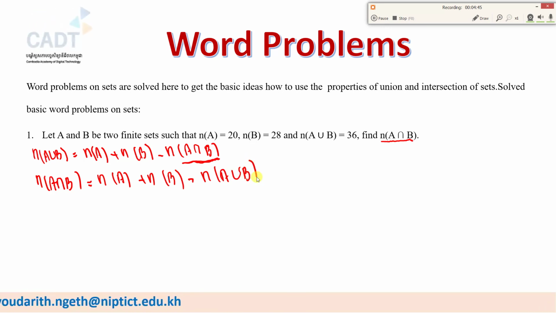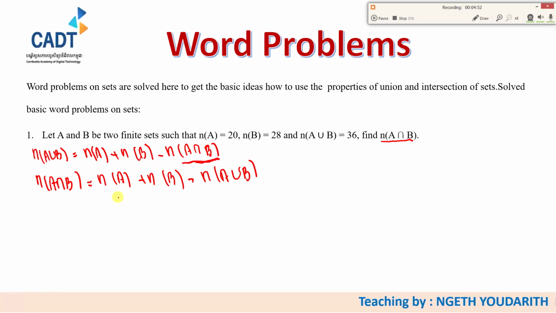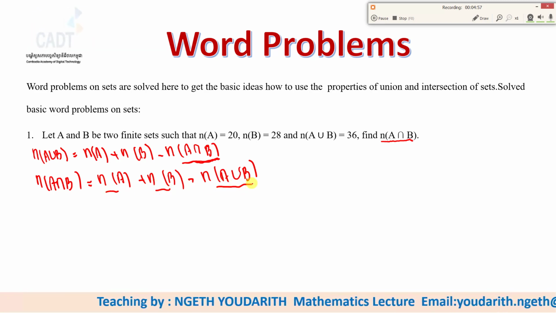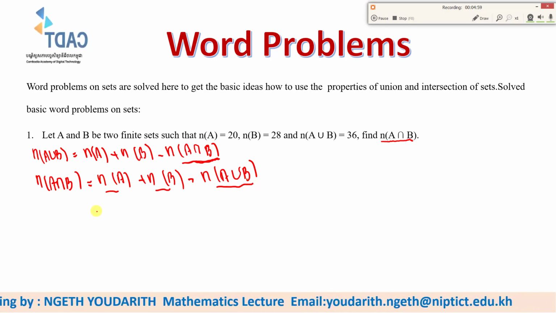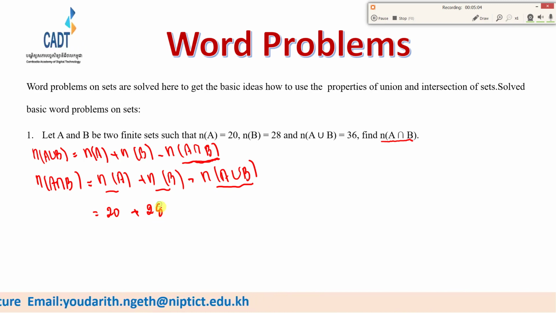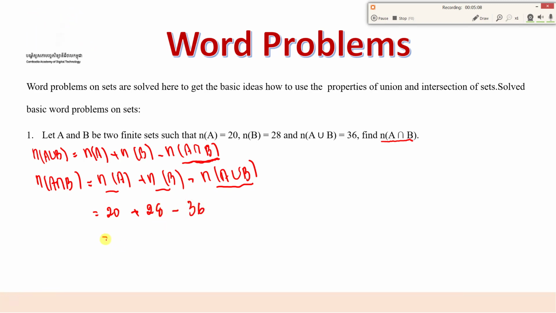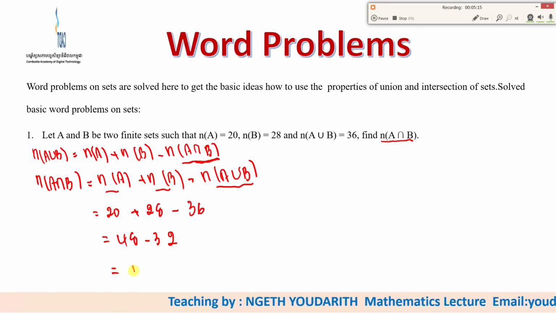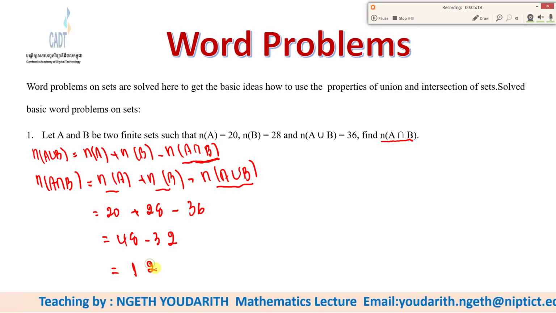We know n(A), n(B) and n(A union B), so it is equal to 20 plus 28 minus 36, which is 48 minus 36, equal to 12.